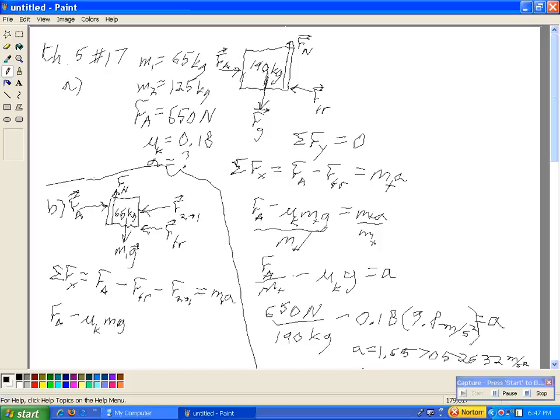That's the mass 1. Okay. I'm going to use algebra to move that over here on the other side of the equation, and I'm going to use algebra to move this one on this side. So I'm going to subtract m1 a.